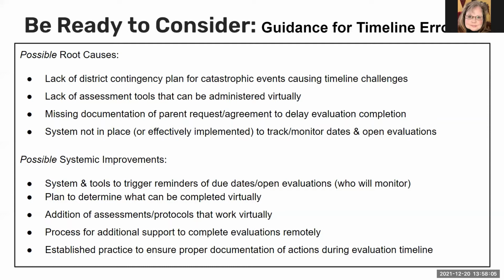Also making sure that you've got an established practice to make sure that you are documenting all of the actions during the evaluation timeline and then coding those correctly. So often there may be issues where a parent refused or there's a medical reason why a student can't be evaluated, but a district fails to adequately code those in EMIS, and so they end up with an error here.